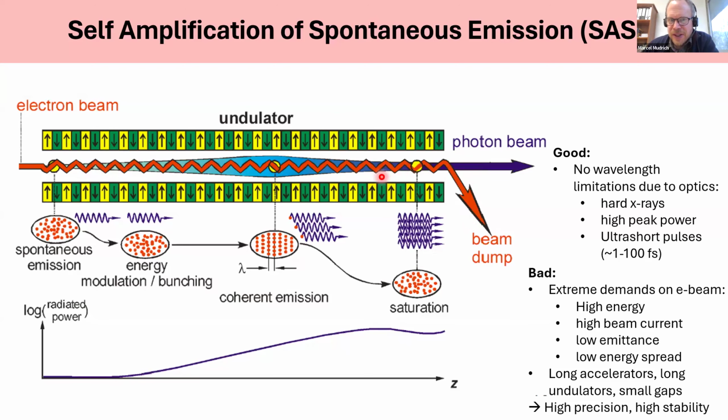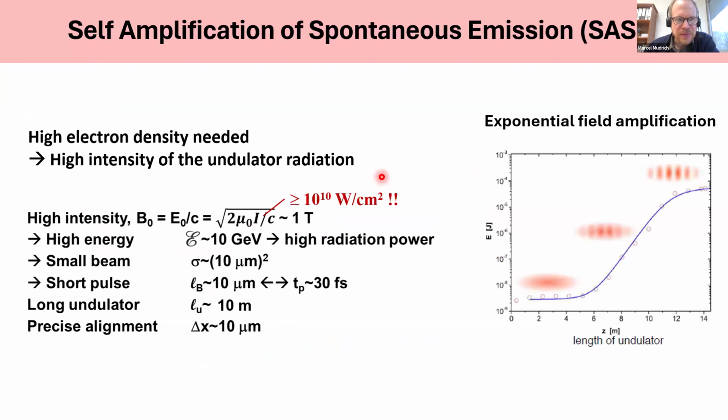So obviously the undulator has to be long enough. And yeah, we have looked at these parameters before, but the main point is we need very high intensity, in the order of magnitude of 10 to the 10 watts per square centimeter. And this is not in a focused beam.